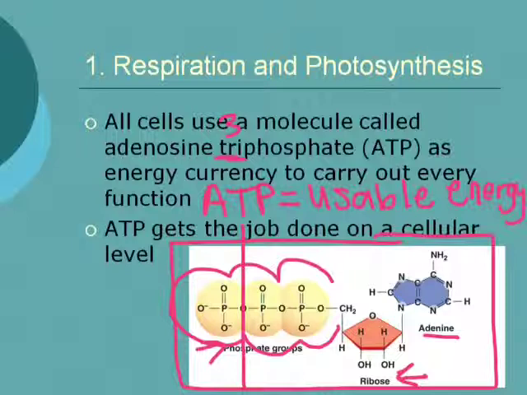So this adenine with the ribose and the phosphate groups, adenosine triphosphate, is converted to adenosine diphosphate. So the 3 becomes a 2 whenever this bond is broken.